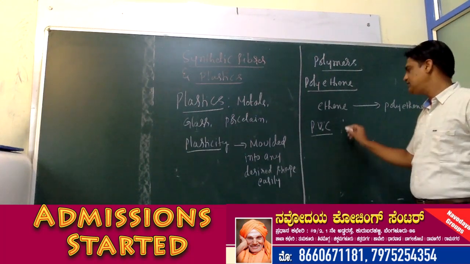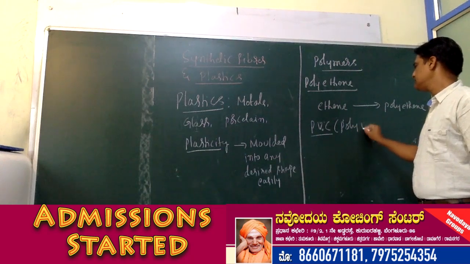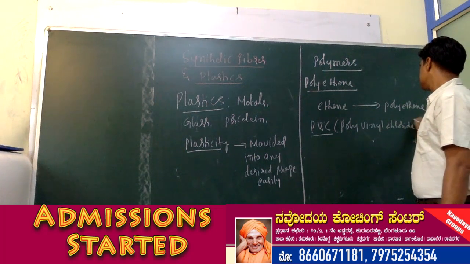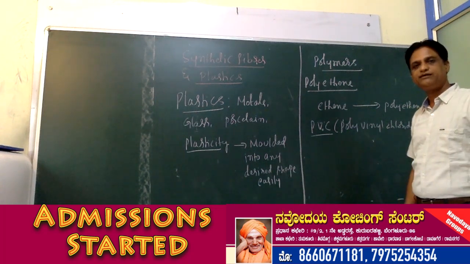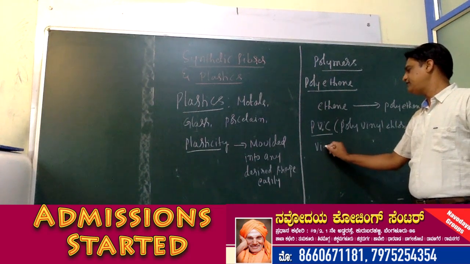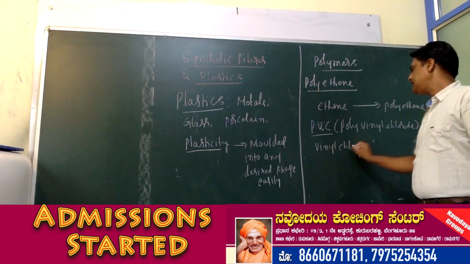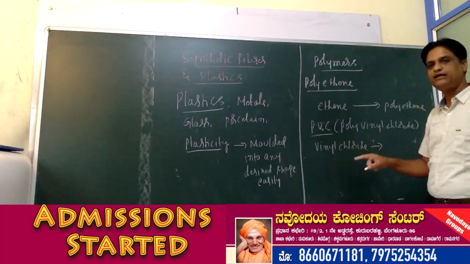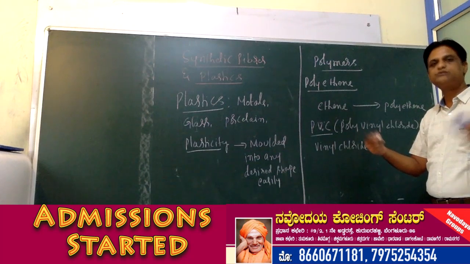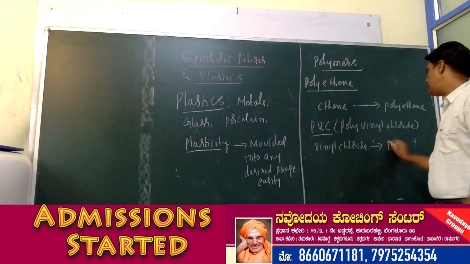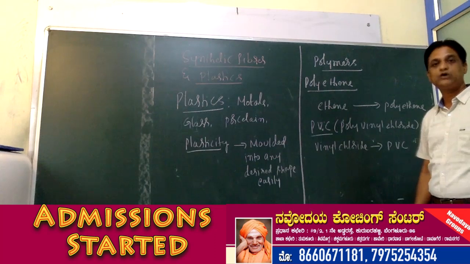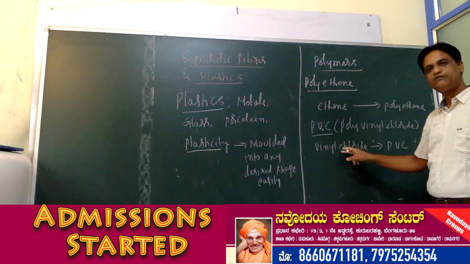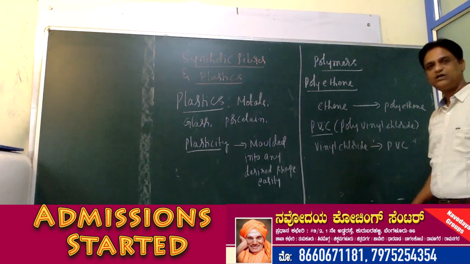So what is actually PVC? PVC full form is polyvinyl chloride. How is PVC prepared? PVC is prepared starting from vinyl chloride. When vinyl chloride is subjected to a chemical reaction, many vinyl chloride molecules unite with one another to form polyvinyl chloride. Okay. So the monomer for polythene is ethene. The monomer for PVC is vinyl chloride.